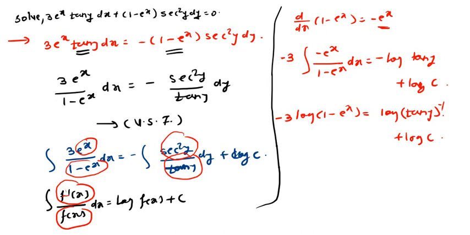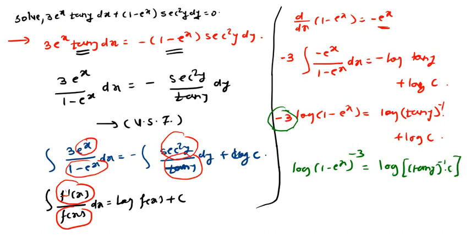So finally I will write the LHS as log of 1 minus e raised to x, and this minus 3 will go here as minus 3, this will be log of tan y to the power minus 1 into c.